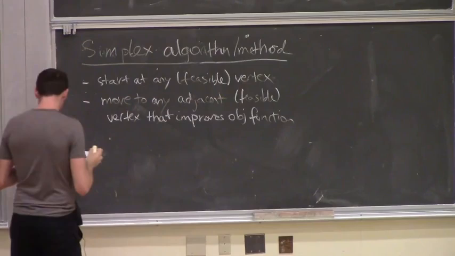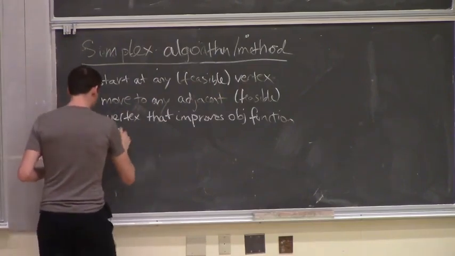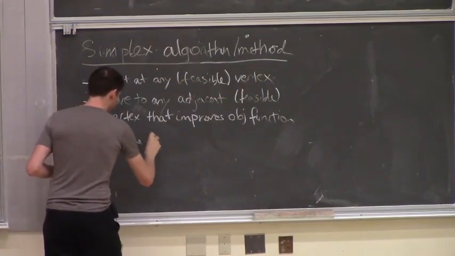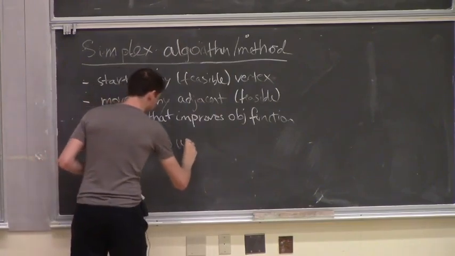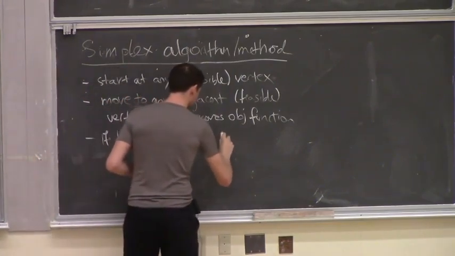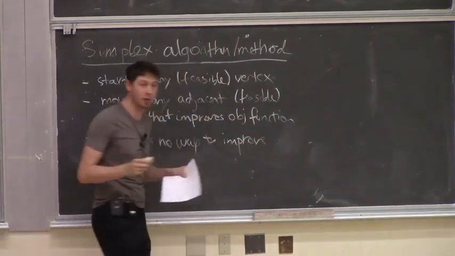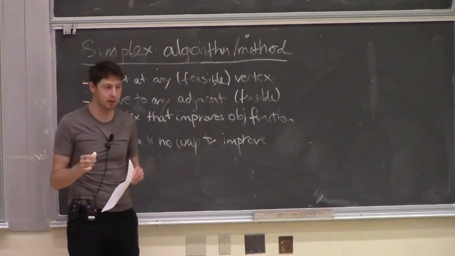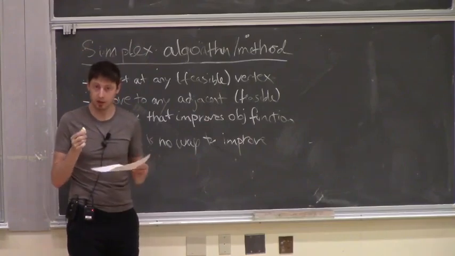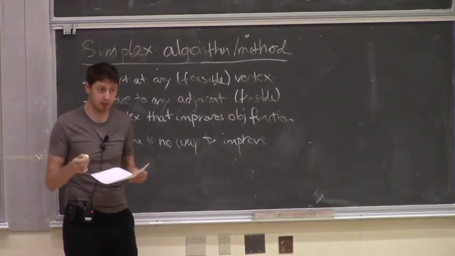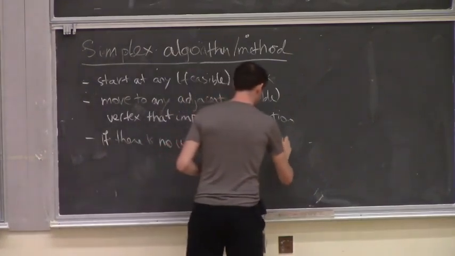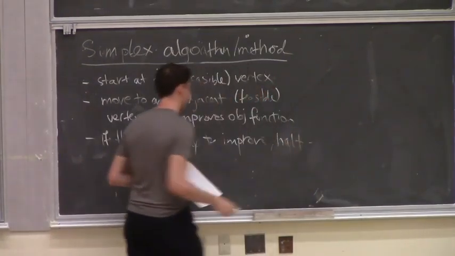Okay? If there is no way to improve, namely, you are at a point where none of your neighbors is such that the objective function is better, then you hold and you output wherever you are. Okay?